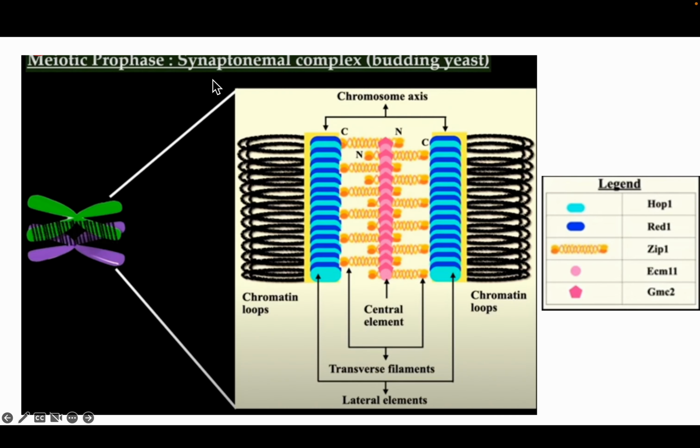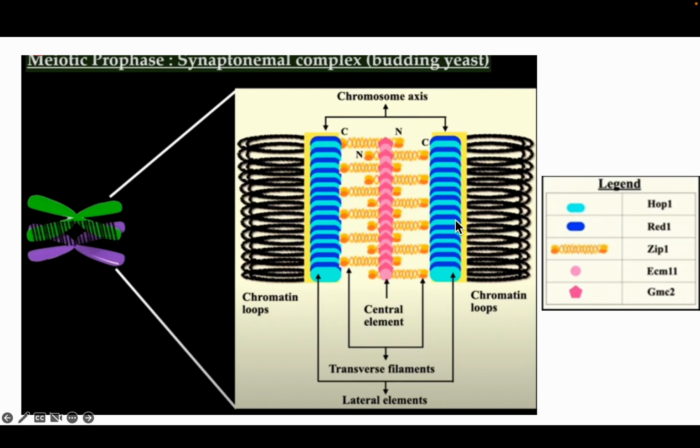This is the meiotic profile where synaptonemal complex formation is happening in budding yeast. Here also you can see the same picture as before. This is the chromatin loops of one chromatid, and this is another chromatin loops of another chromatid. Multiple proteins are there which help link them to each other. Some elements are there: one is the lateral element, another is the transverse element, another is the central element.